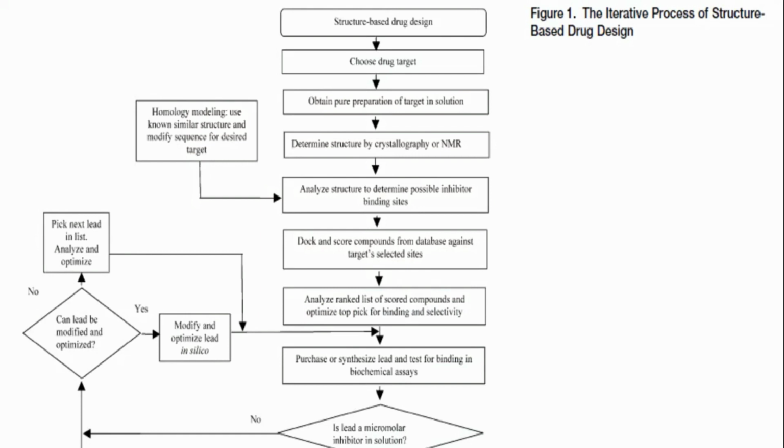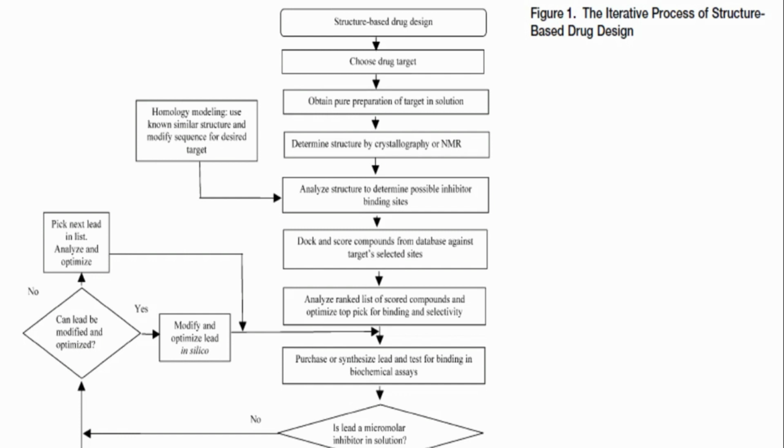Then we do the structure determination of our drug target, either by X-ray crystallography, NMR, or homology modeling. We can carry out a computer algorithm to position our compound into a selected region at the structure, so that these compounds are scored and ranked based on their steric and electrostatic interaction with the target site, and the best compound will be tested with a biochemical assay.